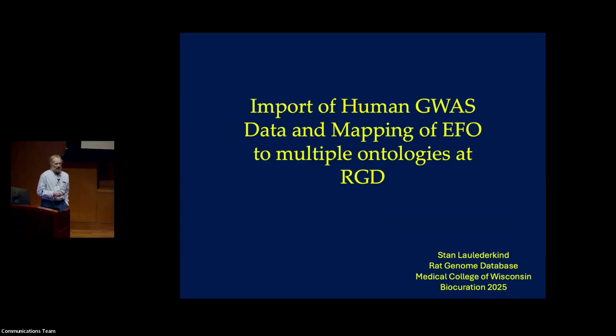So we imported thousands of SNPs from the catalog, but the annotations are done in EFO, the experimental factor ontology. So the problem was that we don't use EFO for any other data at RGD. So we needed to map EFO to some other ontologies that we do use at RGD for phenotype and disease data.